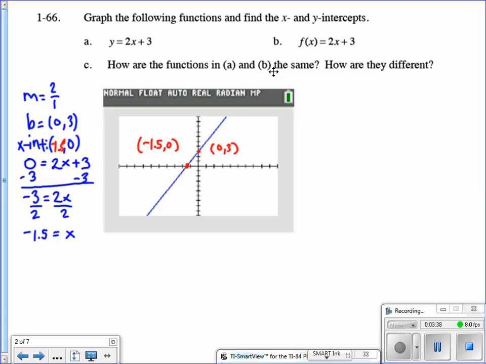So how are they the same and how are they different? Well, if we're looking at how they're the same, the two functions both have the same slope and y-intercept. They coincide. They're the same line there.